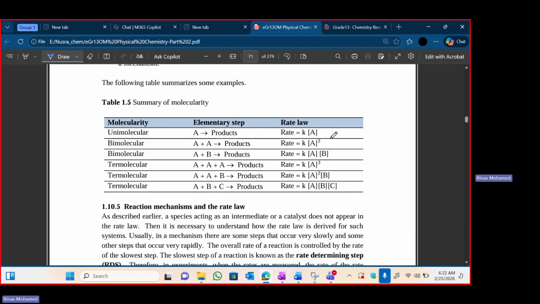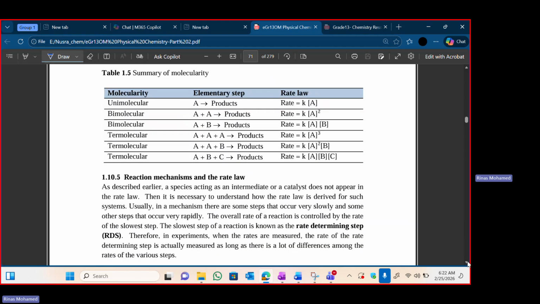So this is an elementary reaction, so the rate law is like this, and the molecularity is also 2. Another example they have given is that A plus B reacts to give a product, so the rate is K into A to the power 1 and B to the power 1, because this is the elementary step.